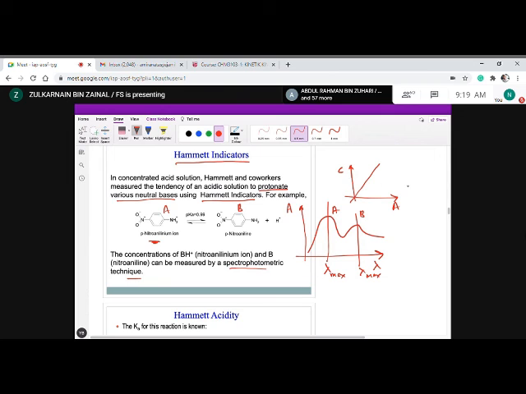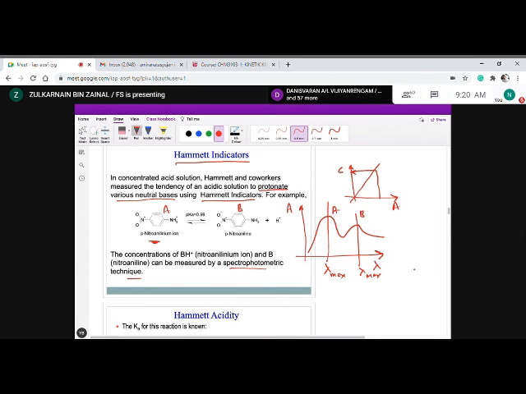And then if you know a certain value of A, then you can get the value of concentration, right? So this is called a calibration curve, and from there you can get the concentration of A and B as the reaction goes on, for example, or after the reaction finishes.